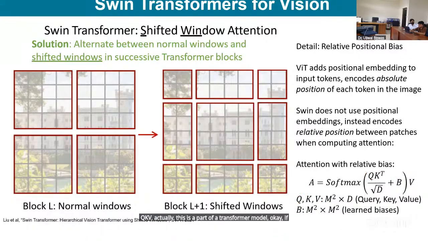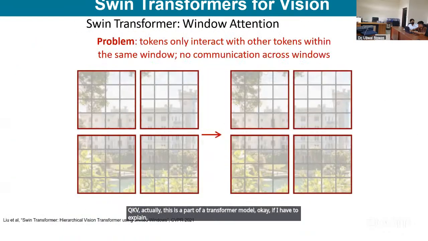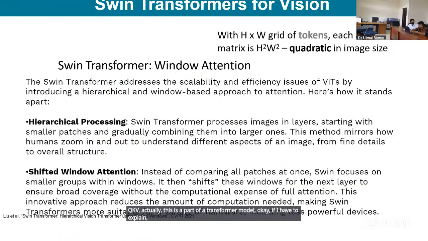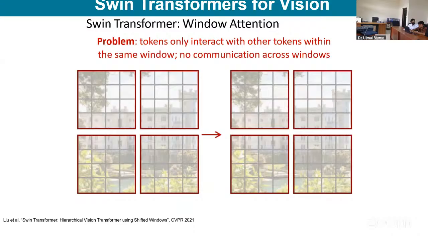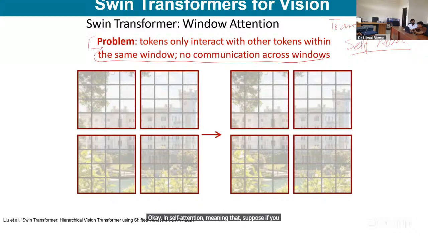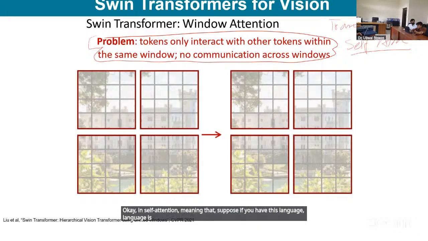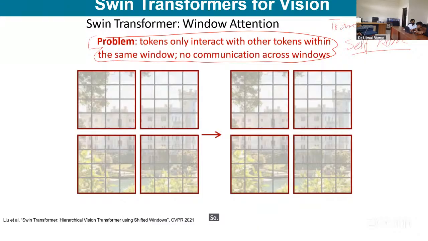If I have to explain, in a basic transformer model we have to do something called self-attention. Self-attention means, suppose you have a sentence, and language is easier to explain: tokens only interact with each other within the same window.